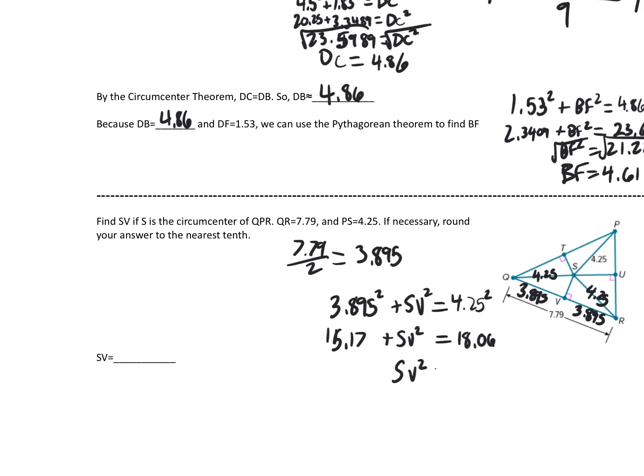So if I subtract 15.17 off both sides, I get 2.89. And then if I take the square root of both sides, I get SV is equal to 1.7. So SV is equal to 1.7.